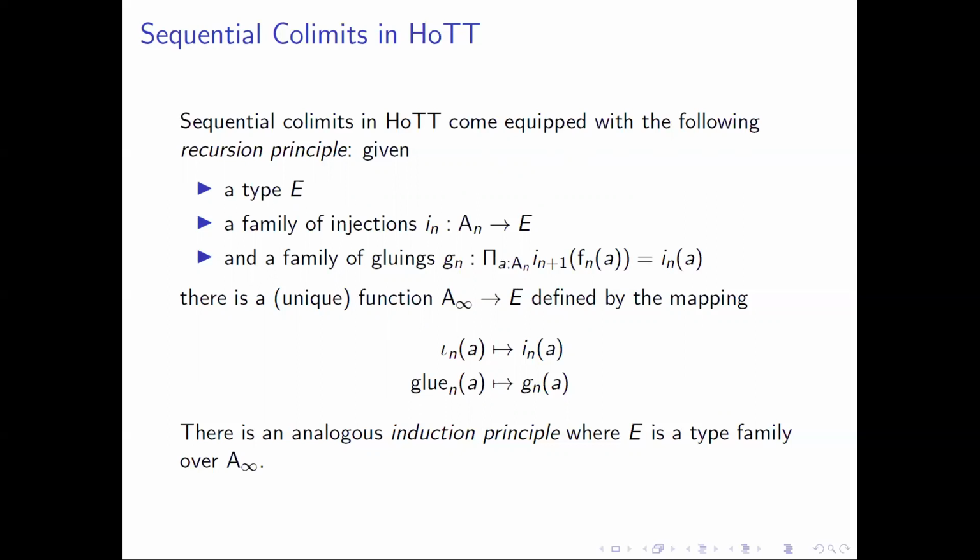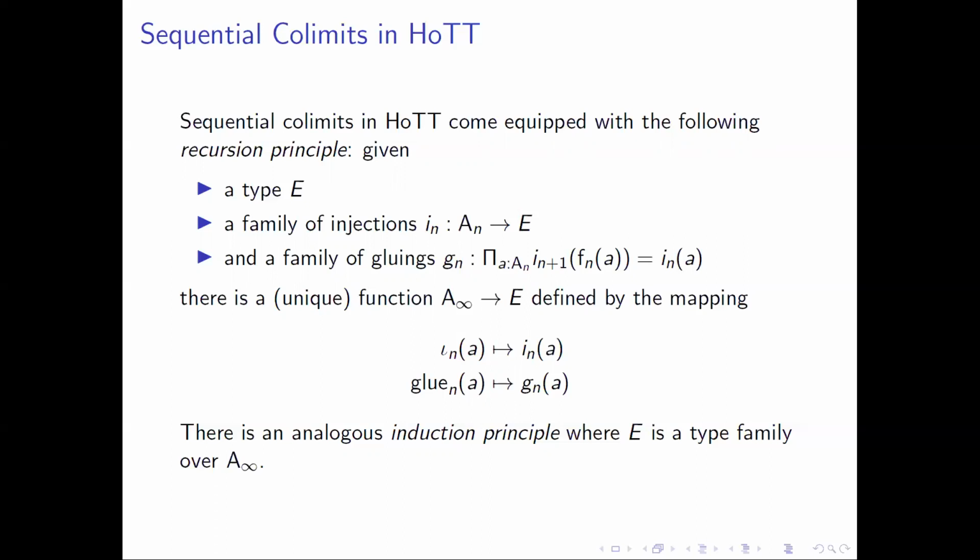We have a function from the colimit into E that preserves the constructors in a suitable way, and this function is in fact unique in the precise sense that if we look at all the structures that combine the function together with the proofs that such a function correspondingly commutes with the constructors, then this type is going to be contractible.